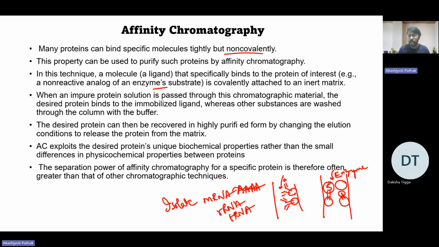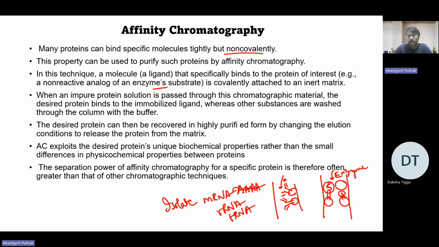the target molecule can form different types of non-covalent bonds with these proteins, and then subsequently it can be eluted. Say, for example, if it is an enzyme-substrate reaction, then we can do some competitive reaction. We add the substrate in more amount or we add the enzyme in more amount.